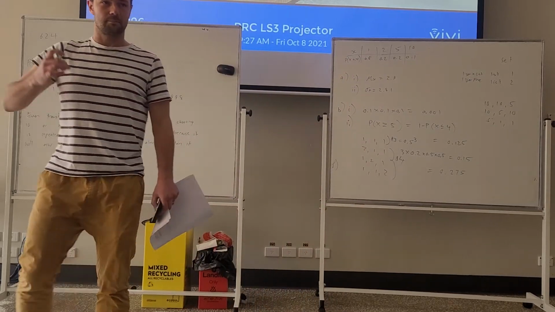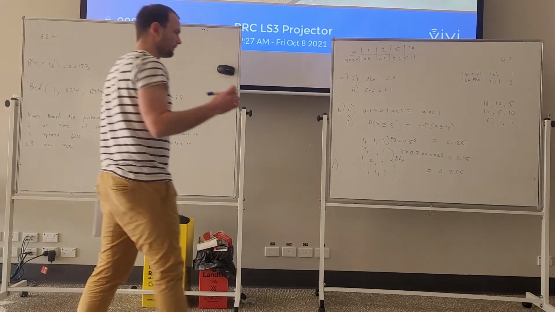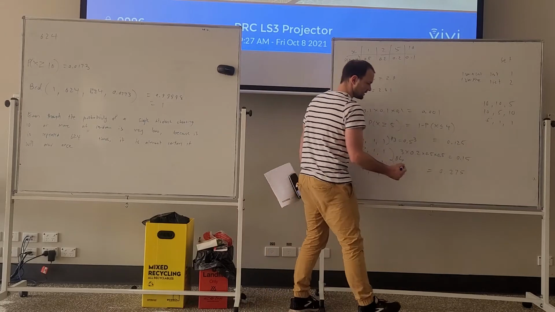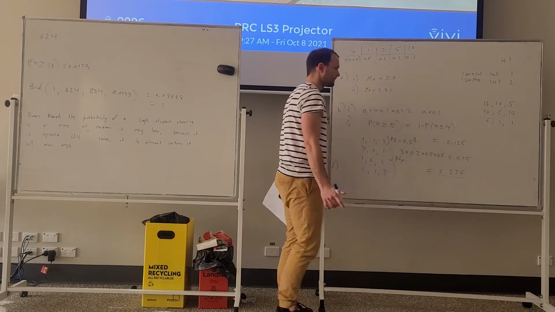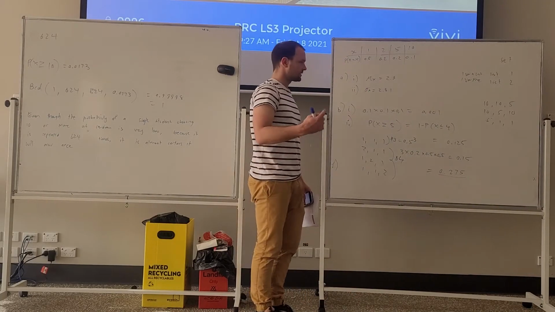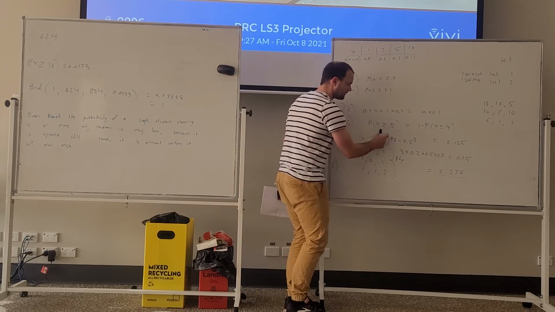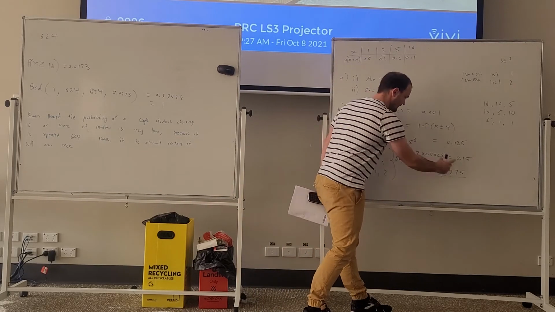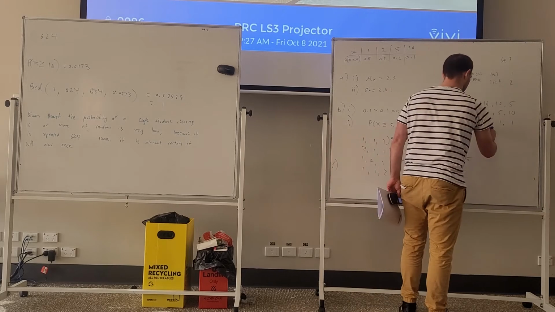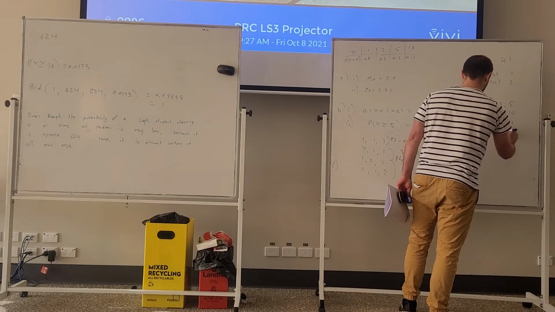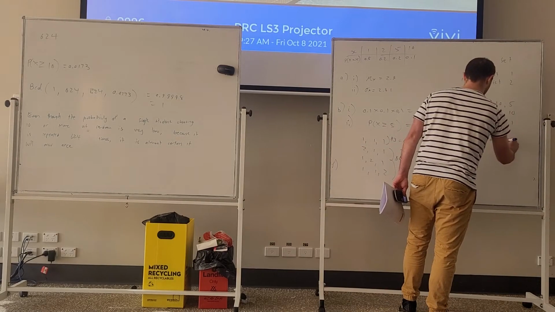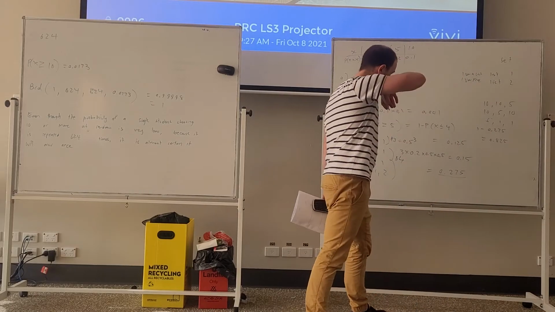Okay, so what that means is the probability of getting $4 or less is 0.275. And so the probability of getting 5 or more is going to be 1 take away this probability. So what's that? 0.725.